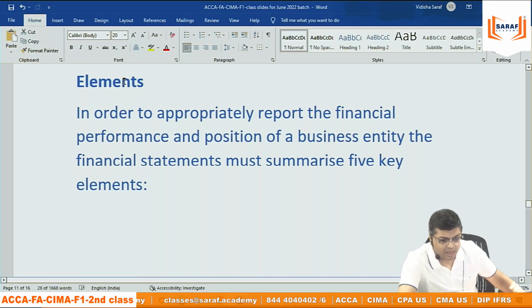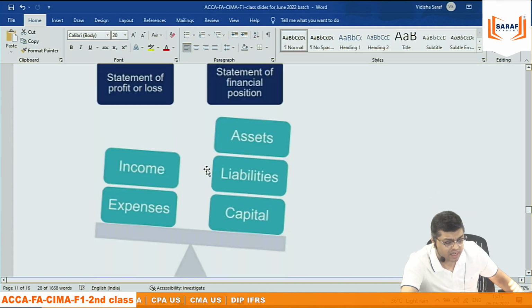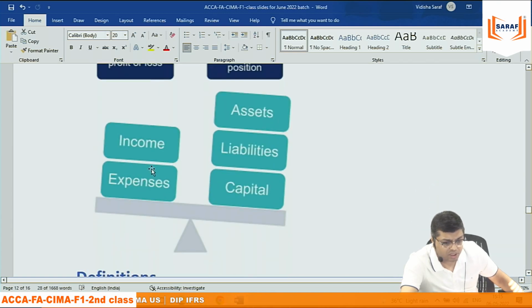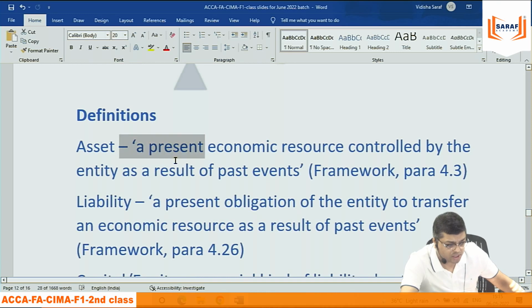So we say that in the financial statement there are 5 elements. In order to appropriately report the financial performance and position, the financial statement has 5 key elements. In the PL account, income and expenses; in the balance sheet, the statement of position, assets, liability, capital. What is an asset? Please concentrate on the definition.